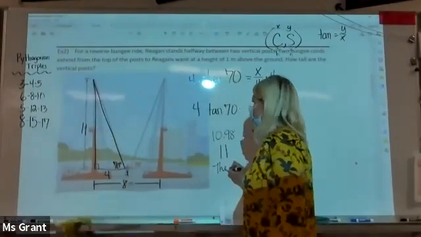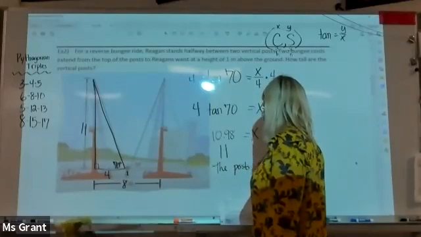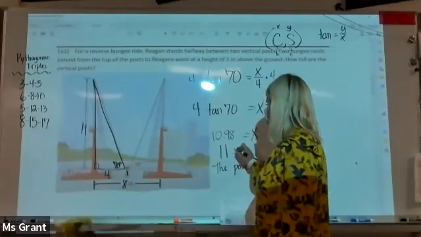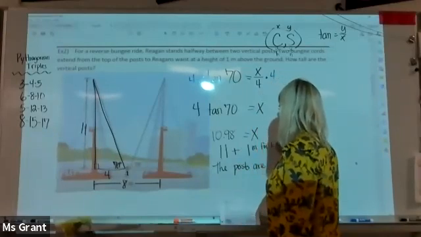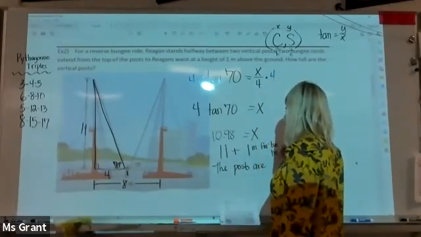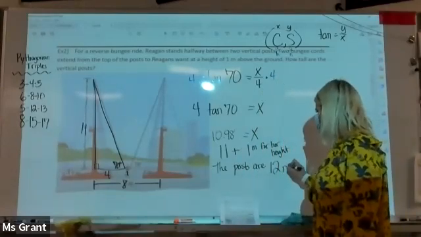So the posts are 11 plus 1 meter for her height, right? The posts are 12 meters high.